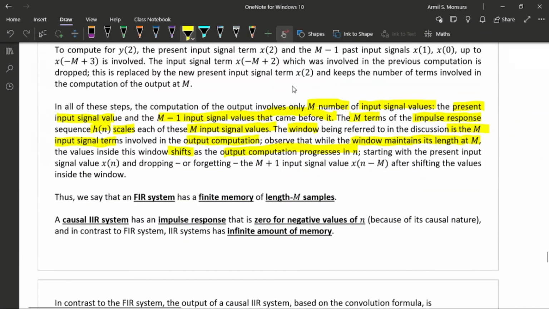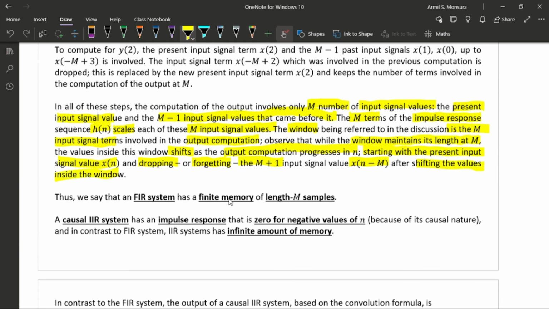Starting with the present input signal value x of n and dropping or forgetting the M minus 1, once you have used one part of your x of n, we forget whatever the value of x of n outside the length of the window. We drop or forget M plus 1 input signal values after shifting the values inside the window.